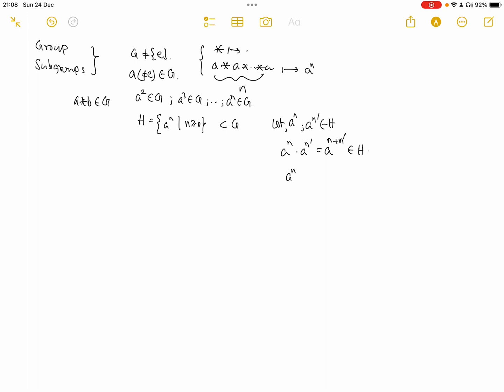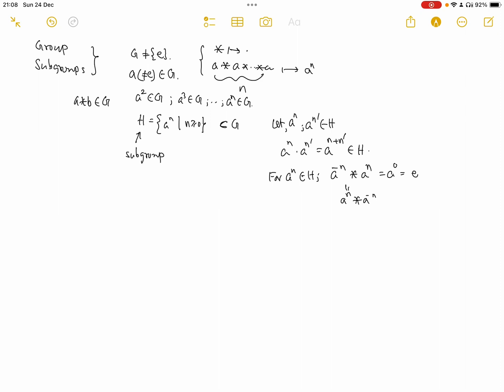And if you pick any element a power n in H, we already have its inverse, precisely a power minus n, right? Because when you operate it with a power n, you will get just a power 0, which is just the identity element. So moreover, this becomes a subgroup, right?